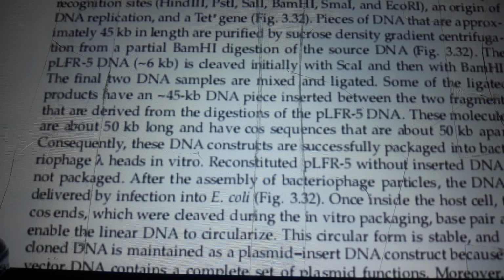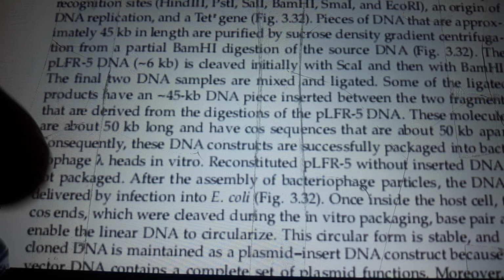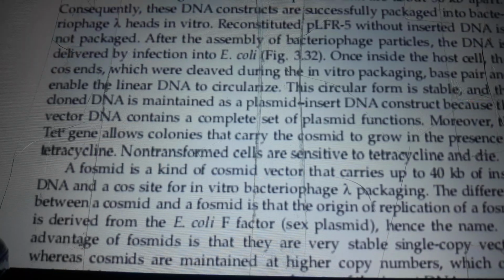Some of the ligated products have a 45 kb DNA piece inserted between the two fragments that are derived from the digestion of the pLFR5 DNA. That is cloned pLFR5 DNA. These molecules are about 50 kb long and have cos sequences that are about 50 kb apart. Consequently, these DNA constructs are successfully packaged into bacteriophage lambda heads in vitro.